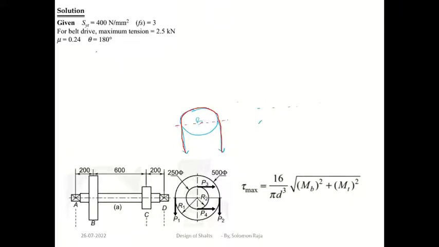Theta value is 180 degrees. The belt is overlapped on the pulley around 180 degrees. Now they have also given the tension on the tighter side. Maximum tension means on one side the tension will be maximum and on the other side the tension will be minimum. If I consider this as the tighter side, this will be P1 and this is the slack side P2. So the tension on the tighter side is 2.5 kilonewton.